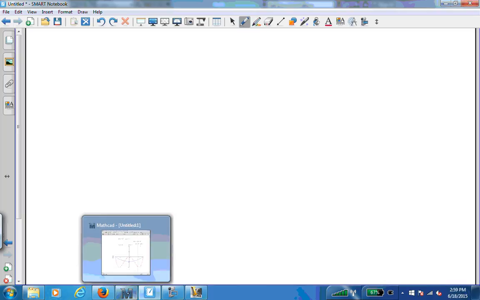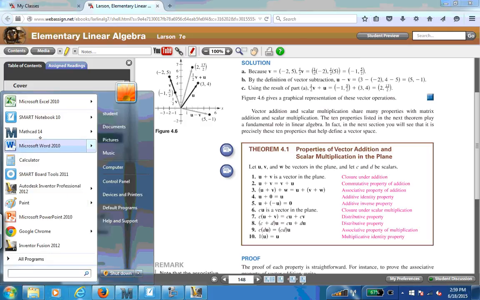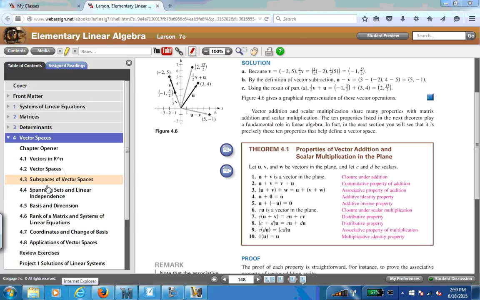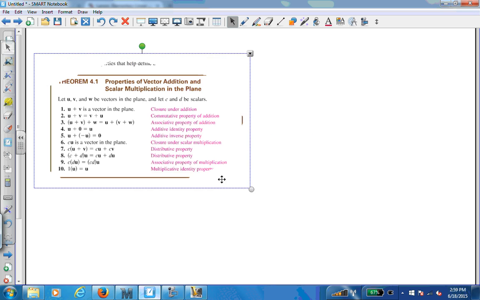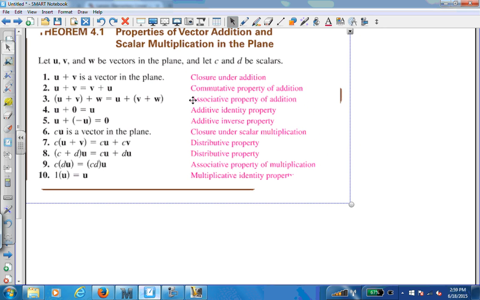There are a list of 10 properties in our book of vector addition and scalar multiplication, which addition and subtraction kind of go hand in hand. So let me get my notebook tools back. Copy this table over. And most of these kind of are just common sense.